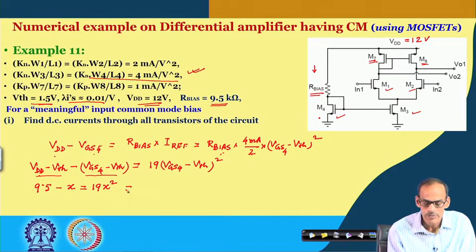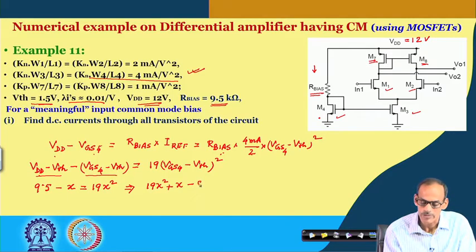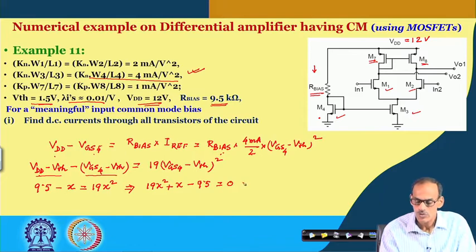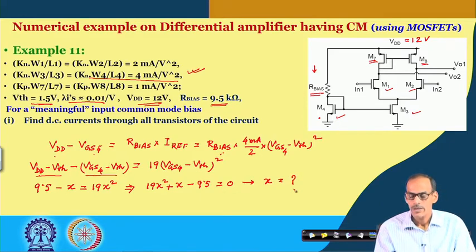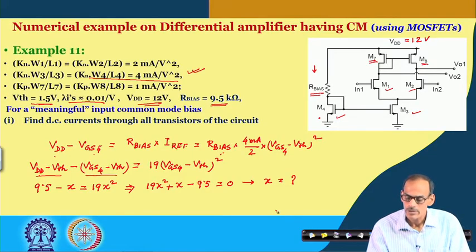From that we can find what x is, and then you can consider these two as having a current mirror.